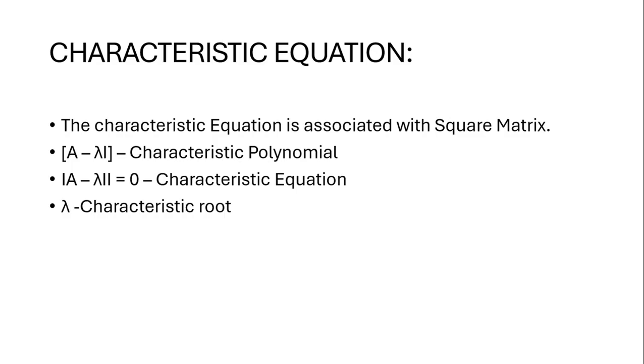If we have A minus lambda I, with I an identity matrix of the same order as A, this matrix A minus lambda I is the characteristic matrix. The equation determinant of A minus lambda I equal to 0 is known as the characteristic equation.